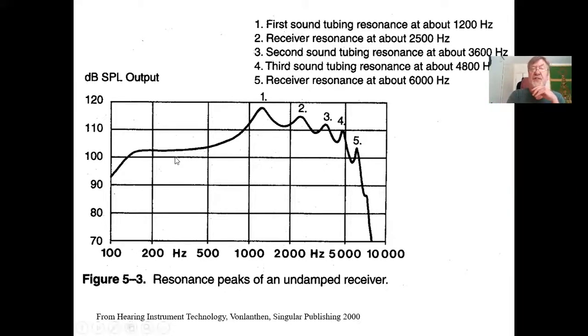And you can see that it's got lots of peaks. And those peaks are just resonances of the internal guts of the hearing aid, because they all have mass and stiffness as well. And filters were just seen as a way to get rid of those peaks, because those peaks cause feedback.